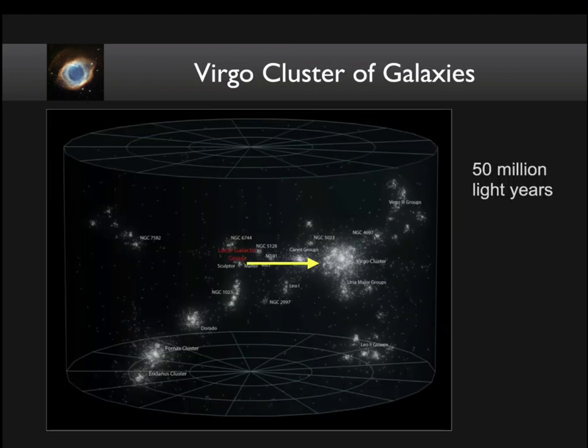In this illustration, we are at the center of this 3D map, and the yellow arrow shows our view towards the Virgo cluster. When we're looking towards the constellations Virgo and Leo, that's the direction of that yellow arrow.